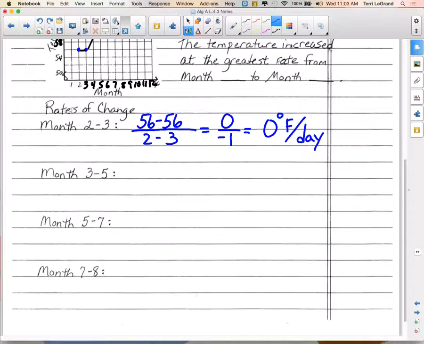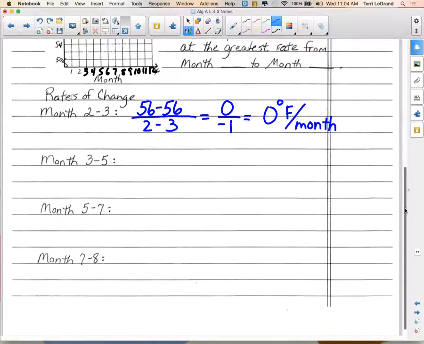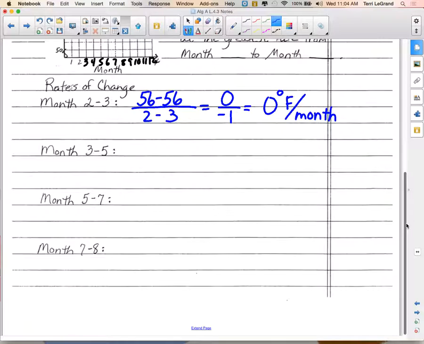Really? Per day? For what? Per month, yeah, per month. I just took your word for it there, Seth. Okay, so now we're finding the temperature change per 1 month, the average change over a month's time. So this one was 0 degrees Fahrenheit per month, which should make sense because it's a horizontal line segment.